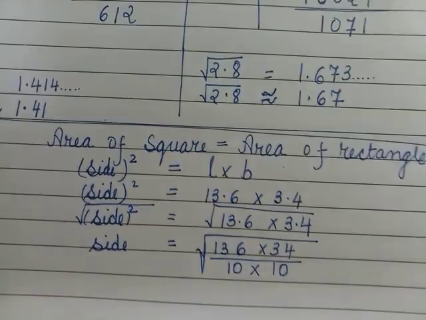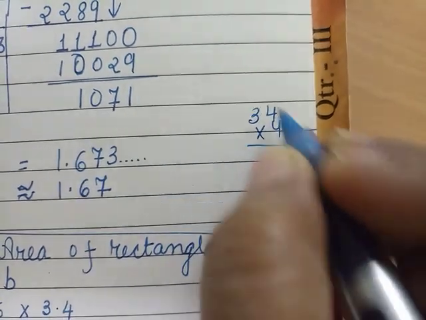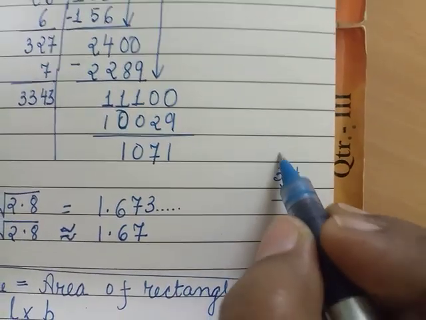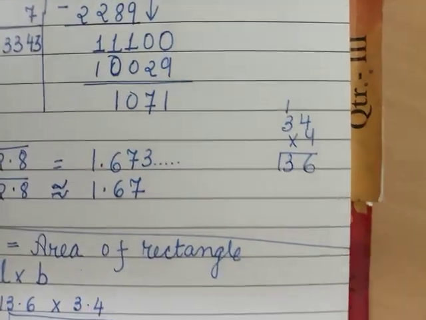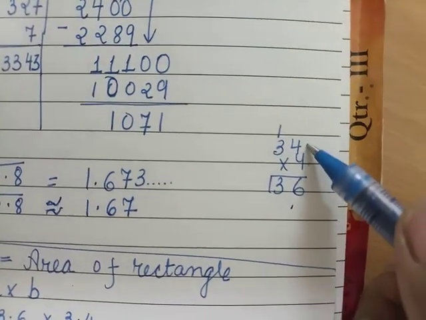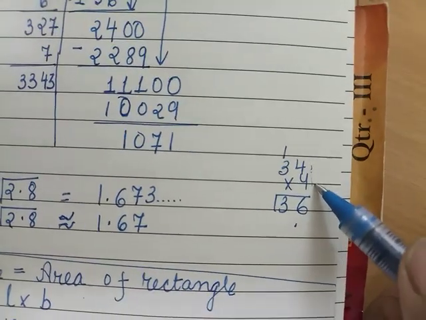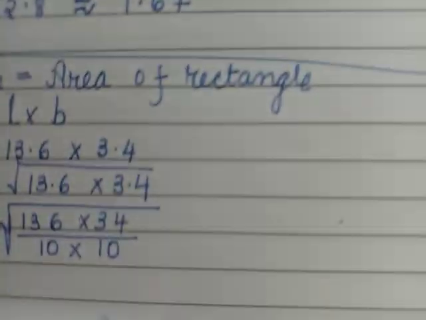Let's see, 34 into 4: 4 fours are 16, 1 carry; 3 fours are 12 and 1 is 13, so 136. So that means in place of 136 what can we write? 34 into 4.